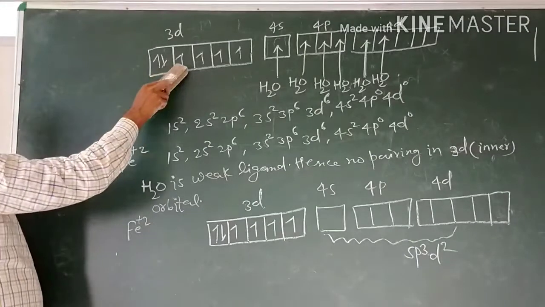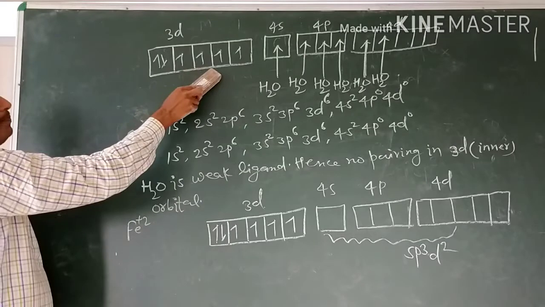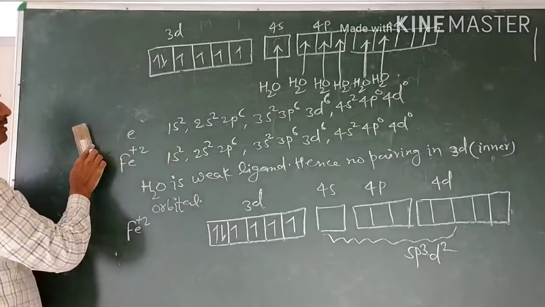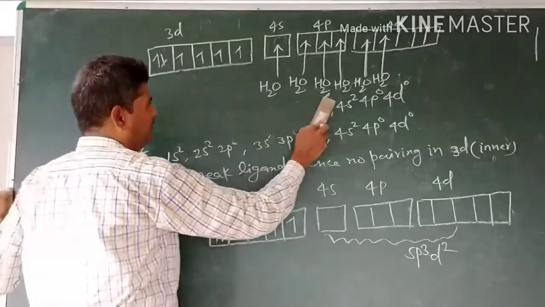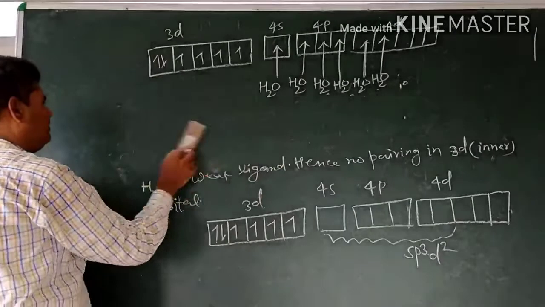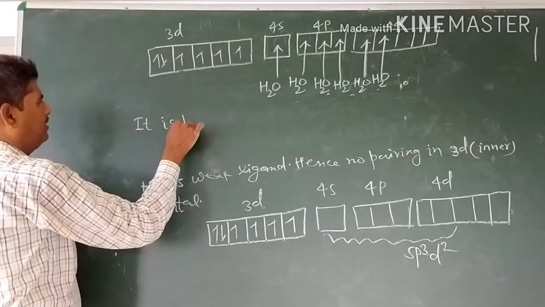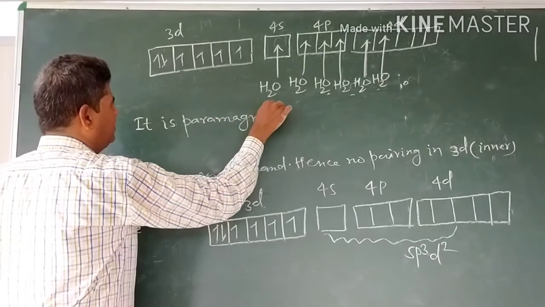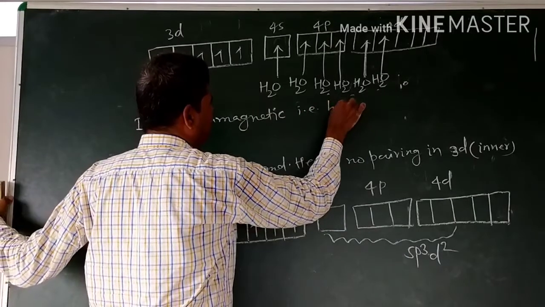Due to the presence of unpaired electrons in the inner d orbital, that is in the 3d orbital, it will behave as a paramagnetic material, that is a high spin complex. It is paramagnetic, that is a high spin complex.